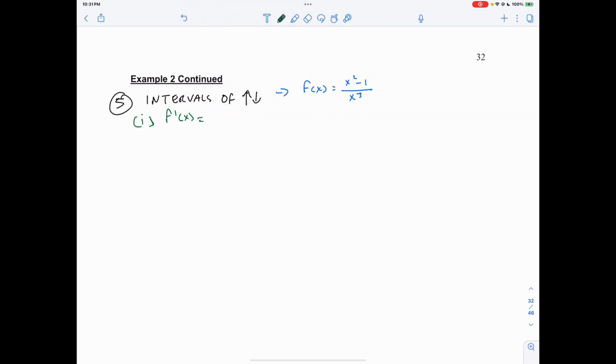So f prime of x is going to equal x cubed times 2x minus x squared minus 1 times 3x squared, all divided by x cubed squared, or 2x to the 4 minus 3x squared times x squared minus 1, all divided by x to the 6.